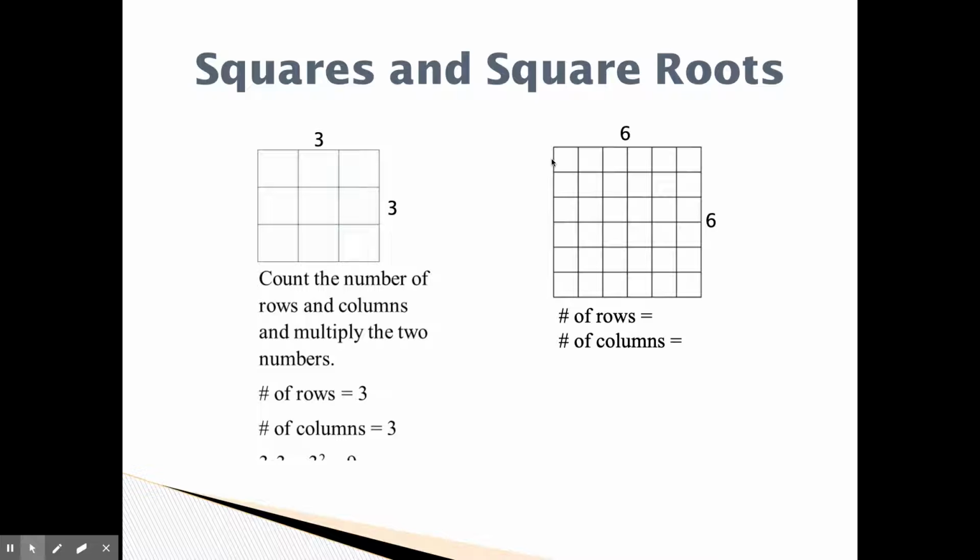This time I have 6 rows and 6 columns. So I know that 6 times 6, or 6 squared, is 36. And if I go the other way, and I want the square root of 36, if I know 6 times 6 is 36, then that tells me that the square root of 36 is 6.